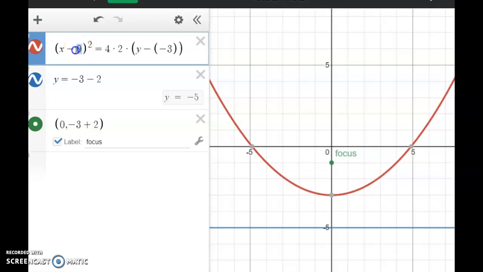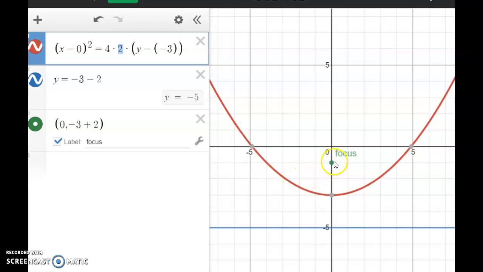The focus is the 0 right here, and then the other one, the negative 3, which is the k, and I have to add the p to that. That's also why I wrote the 8 as 4 times 2, because the 4 is a given in the parabola equation, times the p, so in this case p is 2. So I add it, and I come up with the focus, which is right here.